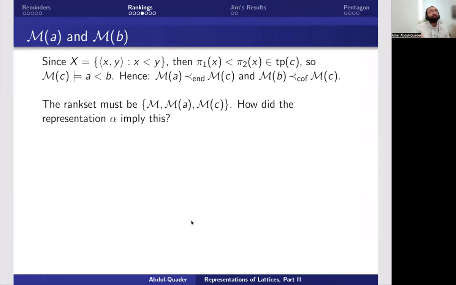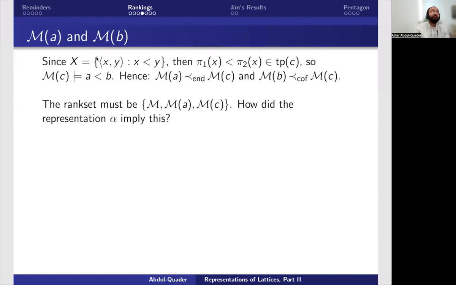So that still leaves the question, okay, what exactly is the rank set? And I claim this is the rank set: m, m of A, and m of C. Why is that? Well, we started with this set of pairs (x, y) where x is less than y. So right away, looking at the type of C, the projection on the first coordinate is less than the projection on the second coordinate.